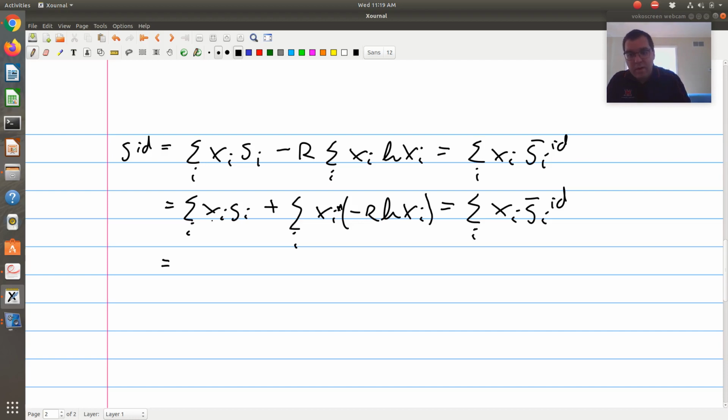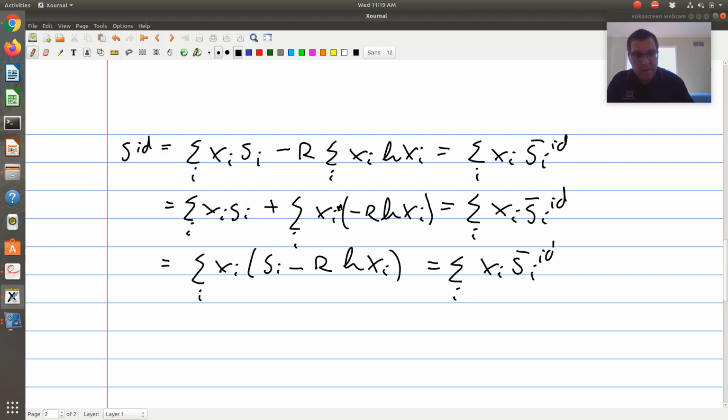Because now I can collect terms in terms of the sum over i of x_i. This is the sum over i of x_i times (S_i minus R log x_i) equal to the sum over i of x_i S bar_i ideal. So these two expressions are equivalent.